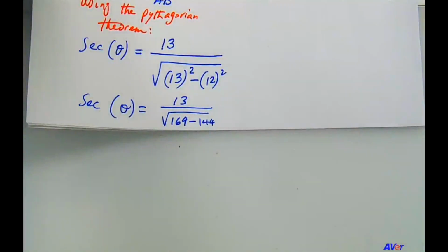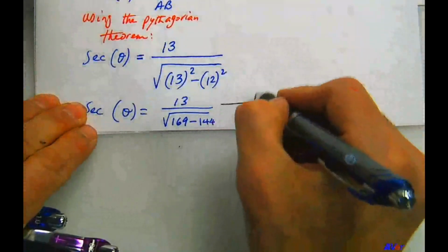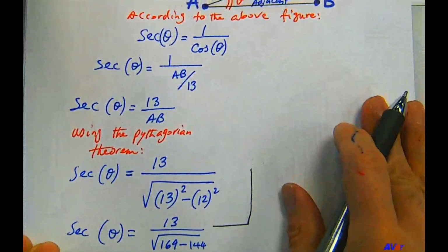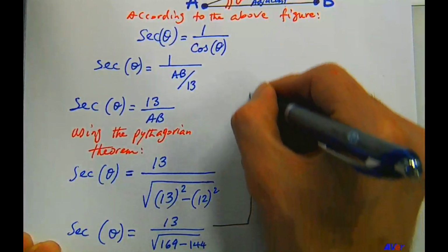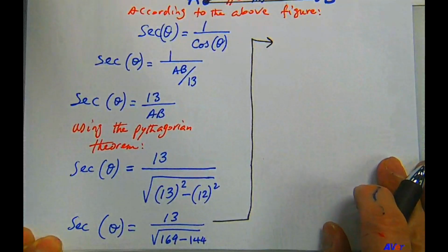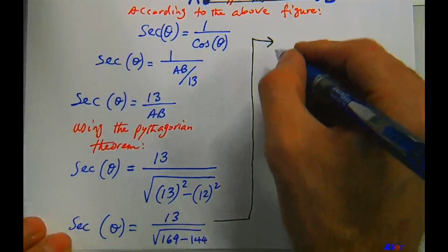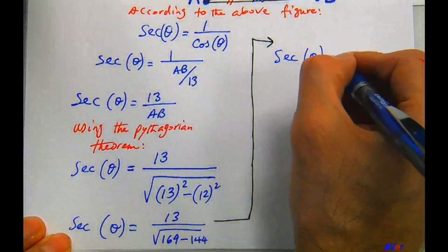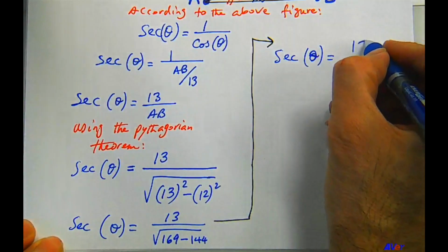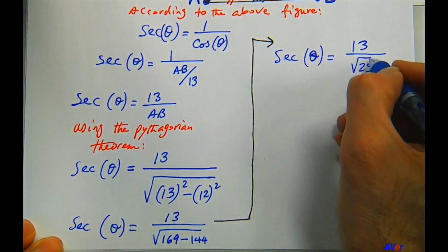And let's come up here because I'm out of room here. Like that. And then we have secant of theta equals 13 divided by square root of 25.